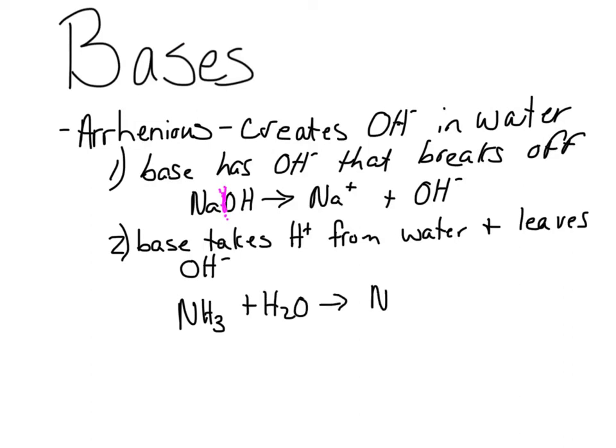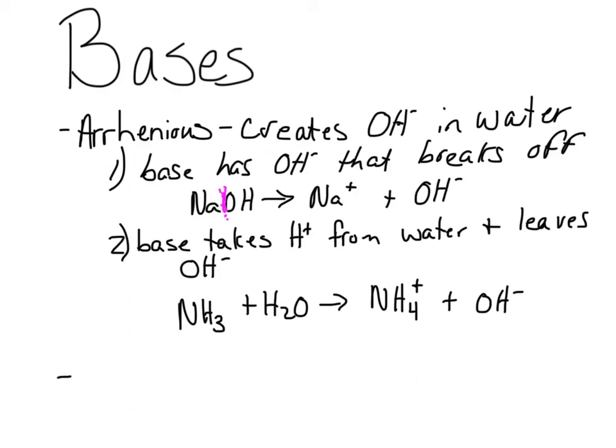The NH3 is going to take a hydrogen and make NH4 plus, and then we're going to be left with OH minus from the water. So we're really kind of stealing from water to make OH minus. There wasn't an OH minus in NH3, so they stole from water and made OH minus that way.